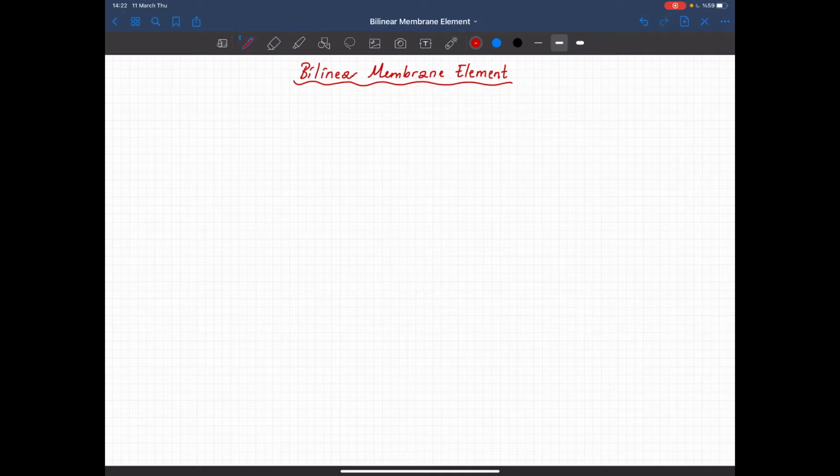Now we have to figure out why this element behaves stiffer than we expect. For this purpose, let's take a single element and apply moment from both sides.